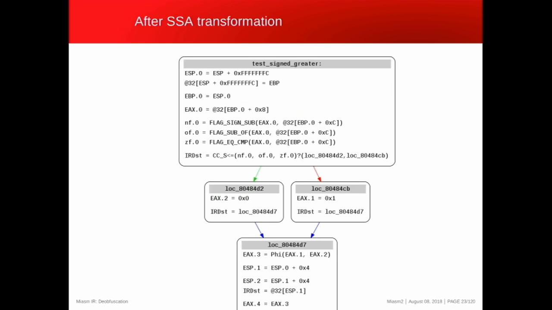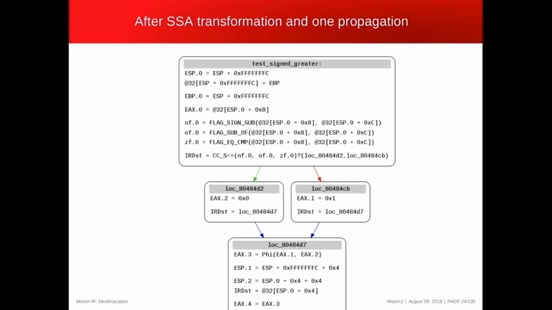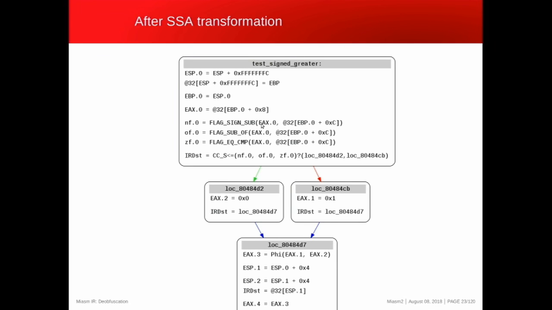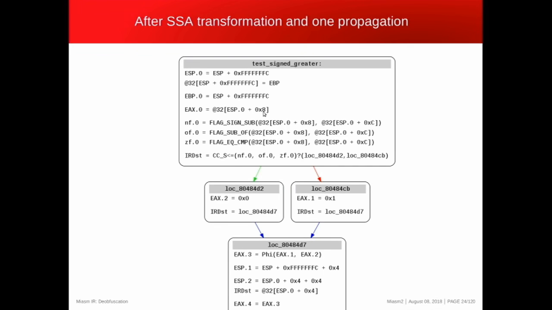So here is the actual code. When we do this, we do a first step of propagation, so only a single step, and it gives this code. Here we have as source the EAX.0, and this value comes from here. As we don't have any memory write between this assignment and this read, we can obviously replace this value by its source, and it will give this code.